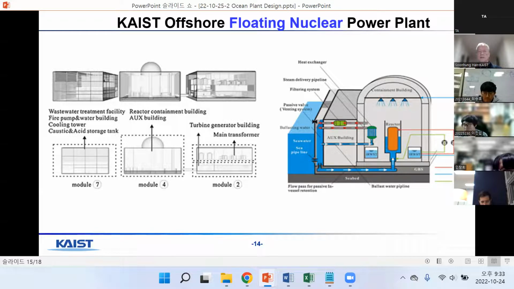Very similar to the MIT type, but different because inside it is a Korean-designed nuclear system. Anyway, this is another idea of a floating nuclear power system. Inside is shown here. Different modules are combined together.